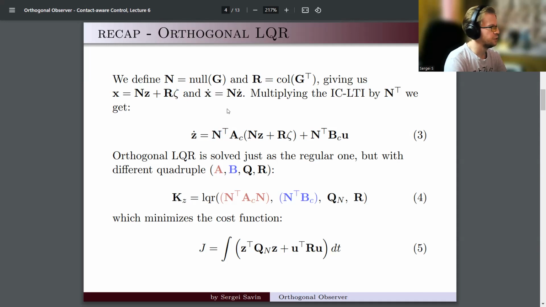So the projection of x dot onto the row space of G is 0. And that means that zeta dot, which would be equal to R transpose x dot, the projection of x dot onto the row space of G, would be equal to 0.